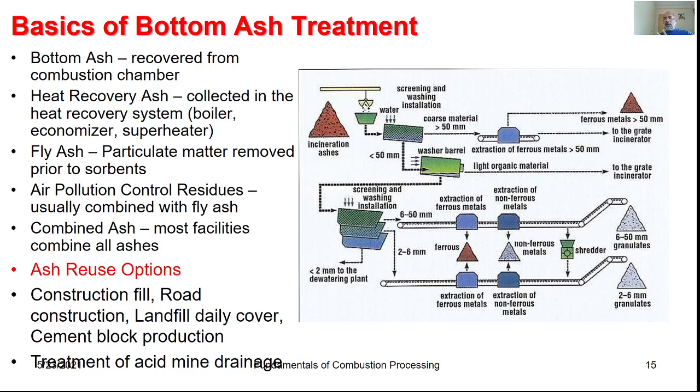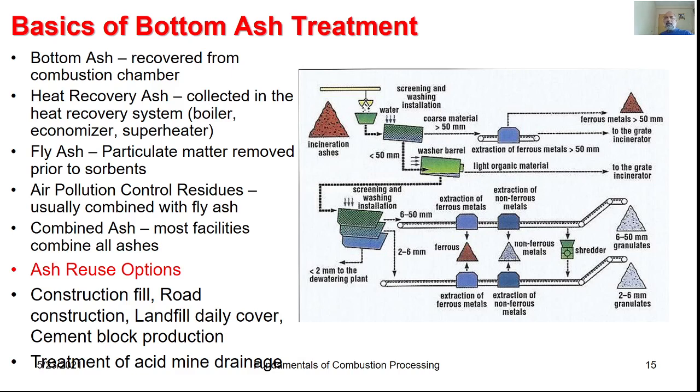Even the non-ferrous metals would be removed, and the remaining content will be transferred to the burners. The content which is less than 50 millimeters would be passed through the washer and further dried.